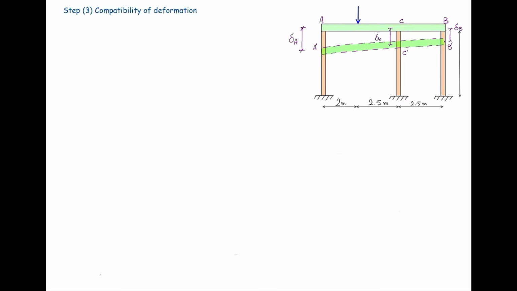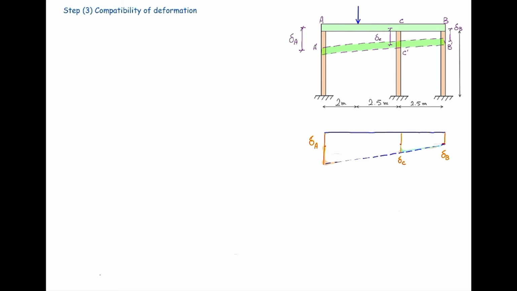Okay, now what is the relationship between those deformations? Let me look into that in detail. This is the original position of that rigid element. After deformation, it has moved downward like this. The deformation at the very left end is delta A, at C is delta C, and the right side is delta B. We have determined those deformations, right?